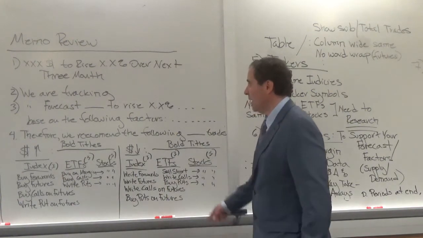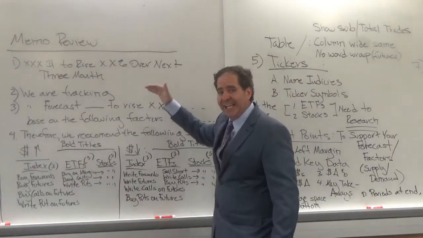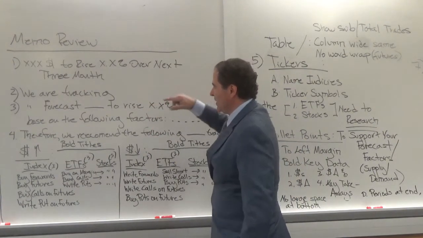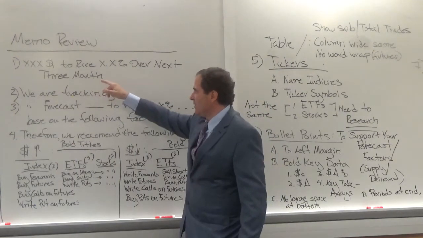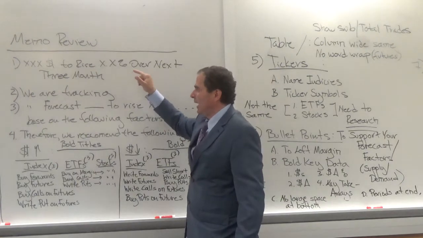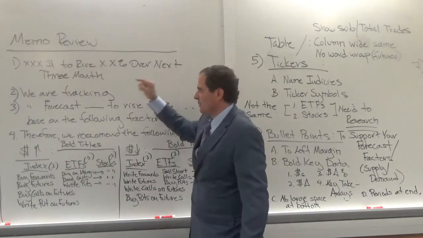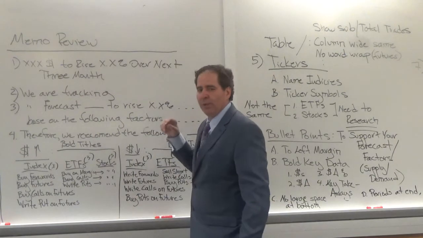So first, in the memo on the formatting, under RE, you want to make sure that it says stock prices to rise, or stock prices forecast to rise 8 to 10% or 8%, whatever, in between that range over the next 3 months. You need to tell me what you're tracking.